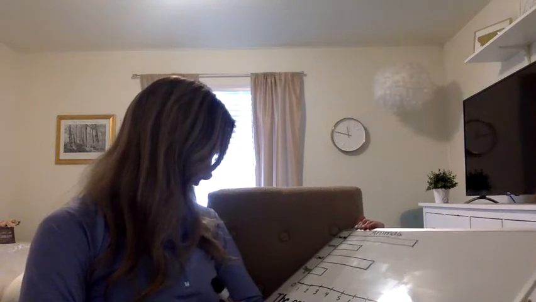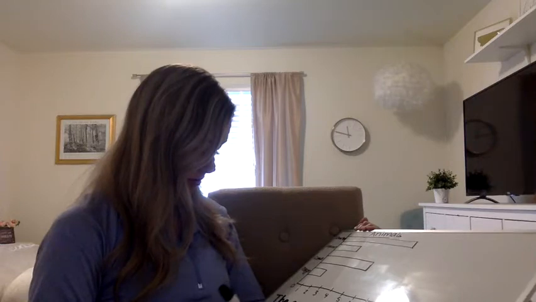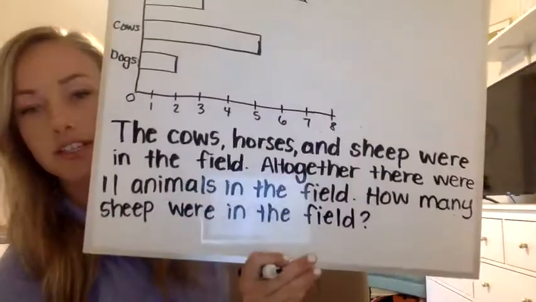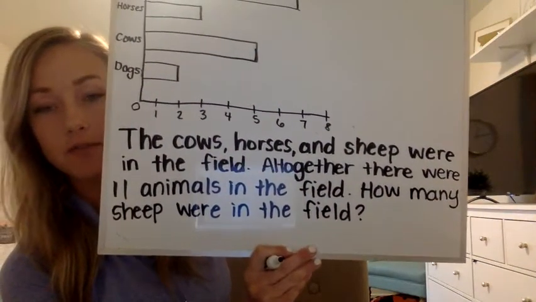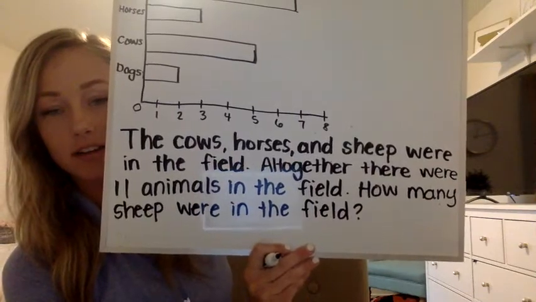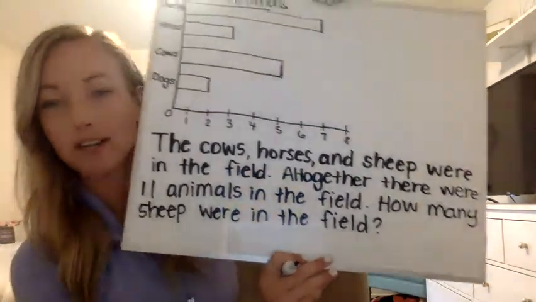How many sheep were in the field? Okay, so let's read that question together. The cows, horses, and sheep were in the field. Altogether, there were 11 animals in the field. How many sheep were in the field?